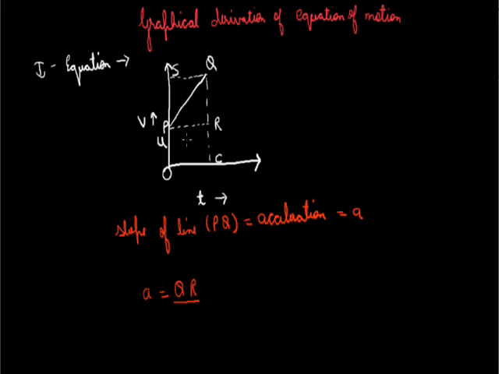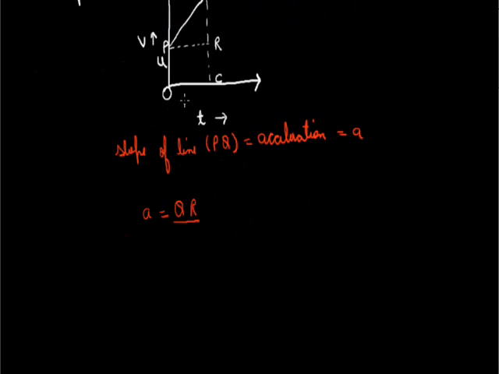As we know, the slope of the line is perpendicular by base. So in this figure, perpendicular is QR and base is PR. So a will be equal to QR by PR, which is also equal to SP by RP.